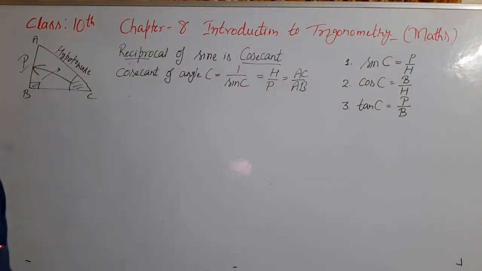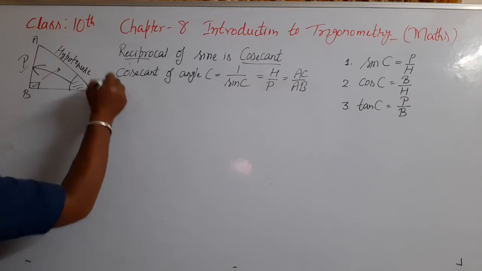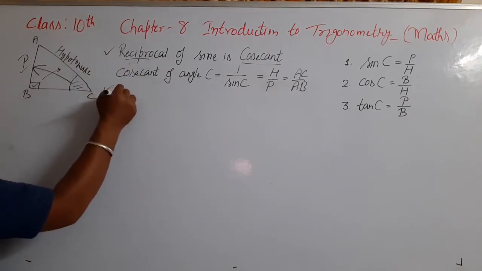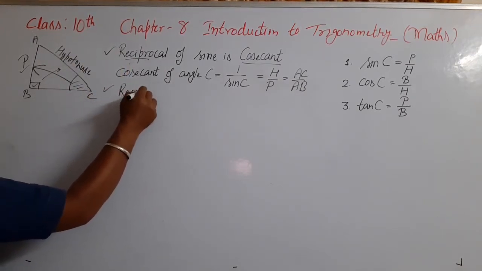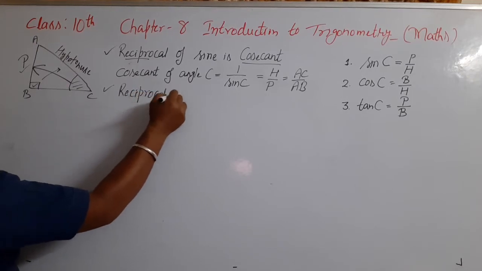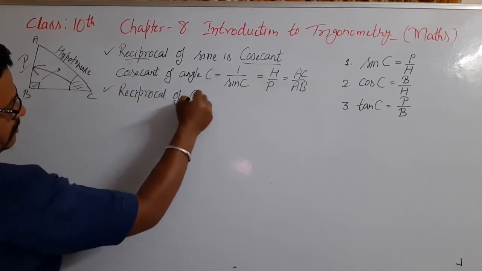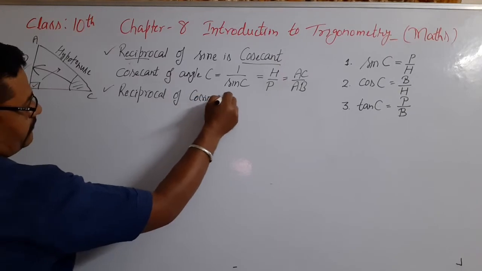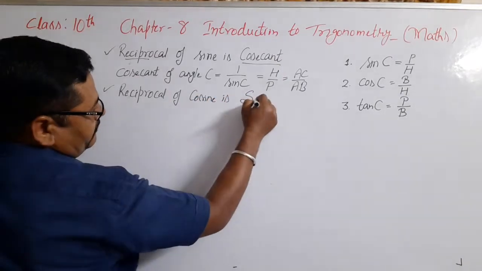Next reciprocal is of cosine. Reciprocal of cosine is secant.